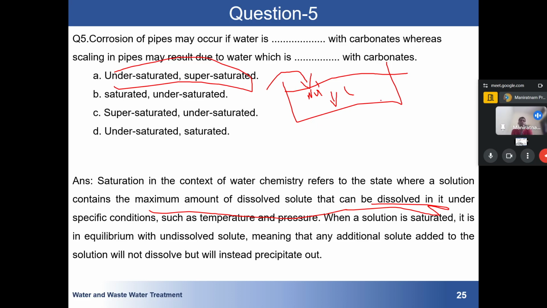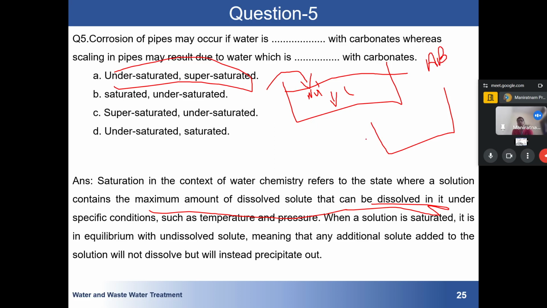Another way to explain this is that you are performing an experiment where you want to precipitate something, suppose AB is some kind of salt. How will you make sure that you precipitate AB?